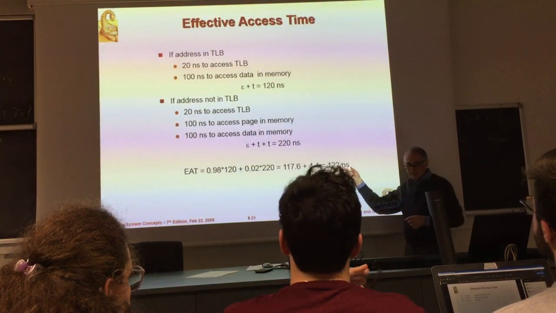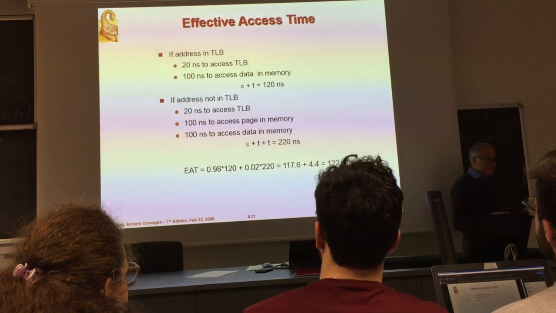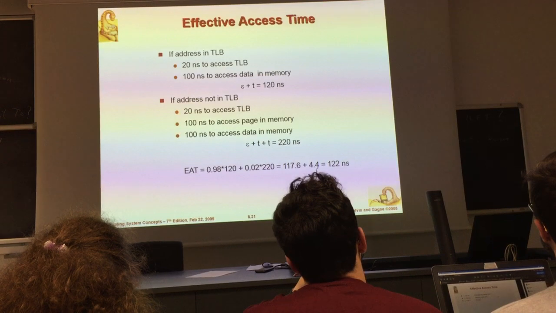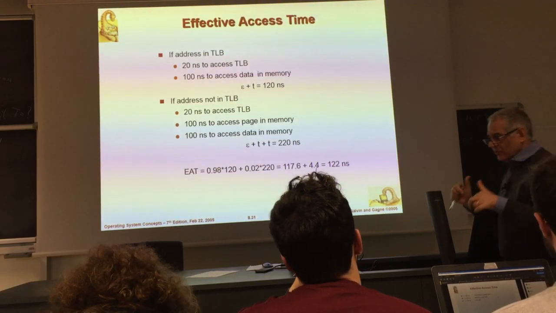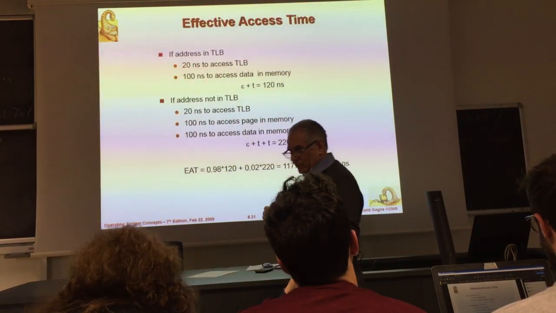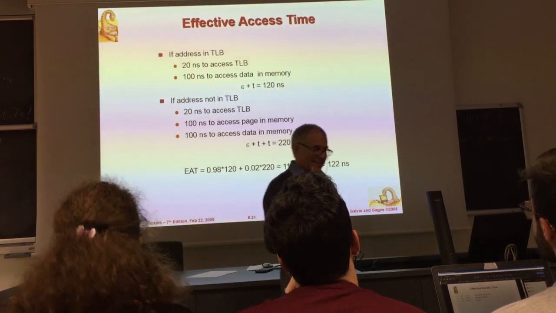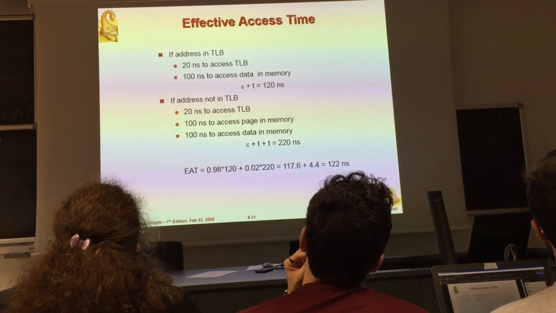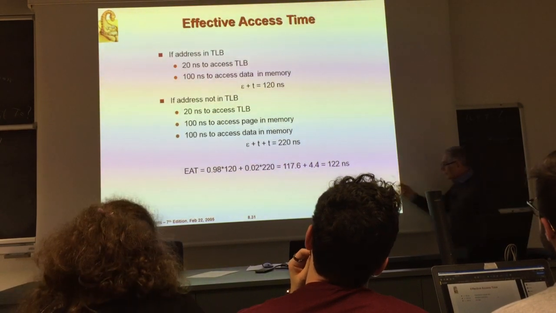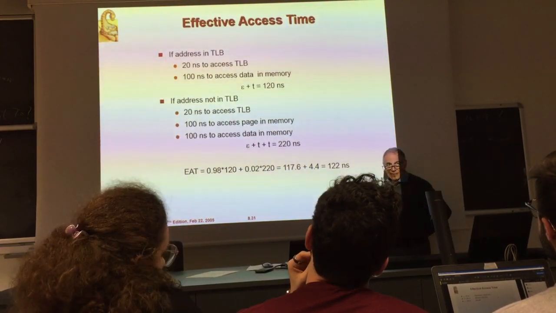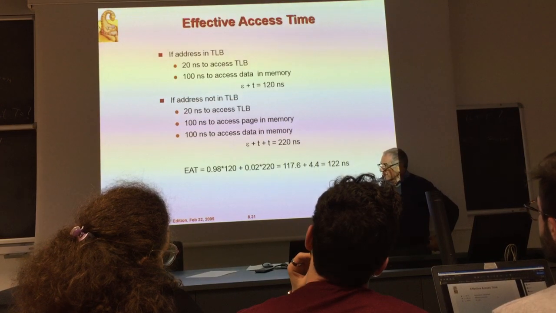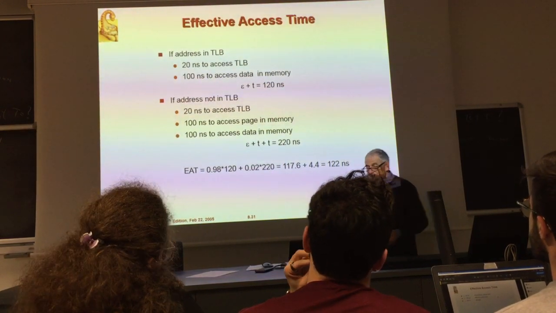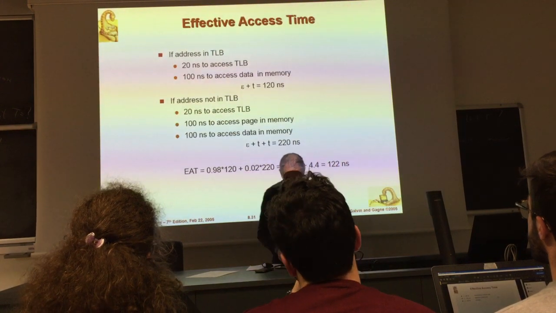Nevertheless, 22%, and so you may say, well, there is an important overhead, but the paging mechanism is so important and so nice that we accept this speed reduction, this access time increase, because we have a lot of advantages.